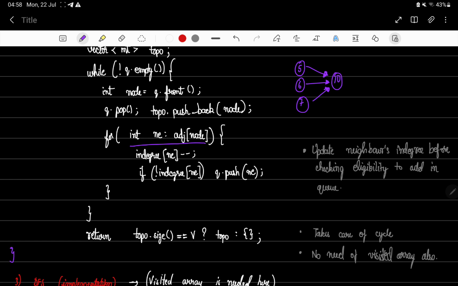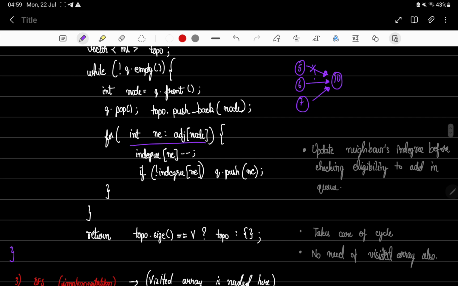So over here what can we say? As soon as I visit 5, I will remove this in-degree for 10. As soon as 6 gives the answer, it will remove its in-degree. When 7 gives the answer, it will remove its in-degree. So every node has the responsibility of removing its contribution to the in-degree of its neighbors when we are pushing it out of the queue. So that is what we are doing.